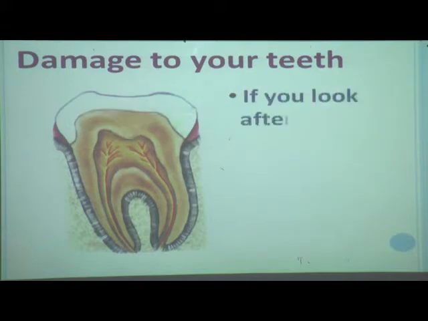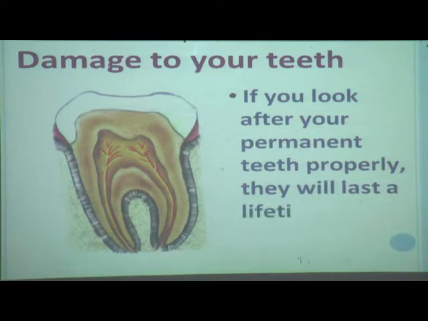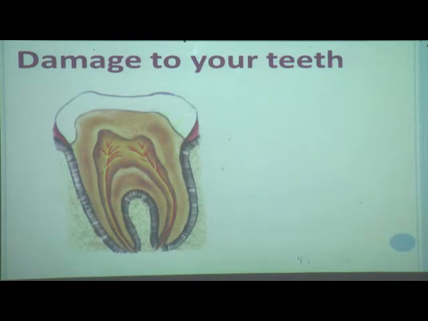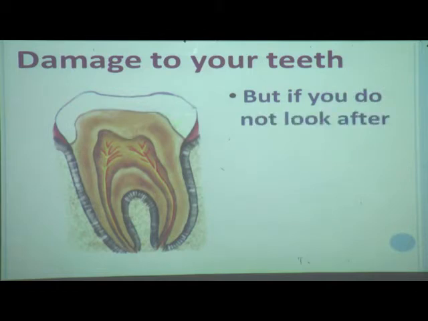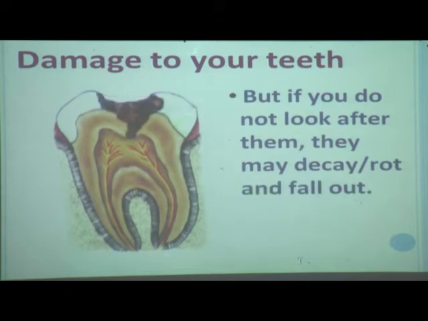So, it is very important to look after your teeth. If you look after your permanent teeth properly, they will last a lifetime. But if you do not look after your permanent teeth, they may decay or rot and fall out.